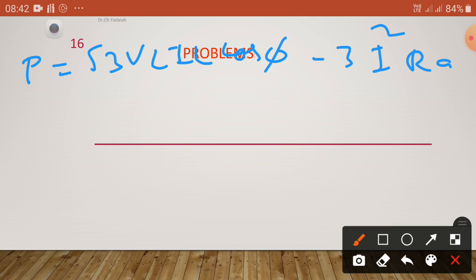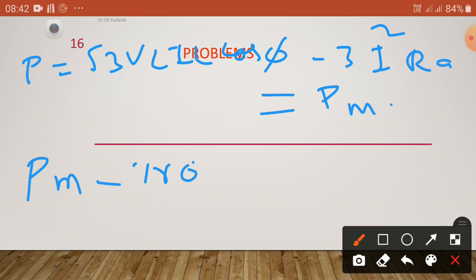This is equal to the mechanical energy generated in the motor, PM. Then some iron losses plus friction and windage losses are taken out, and we get the net mechanical energy. So these are the things you should remember.